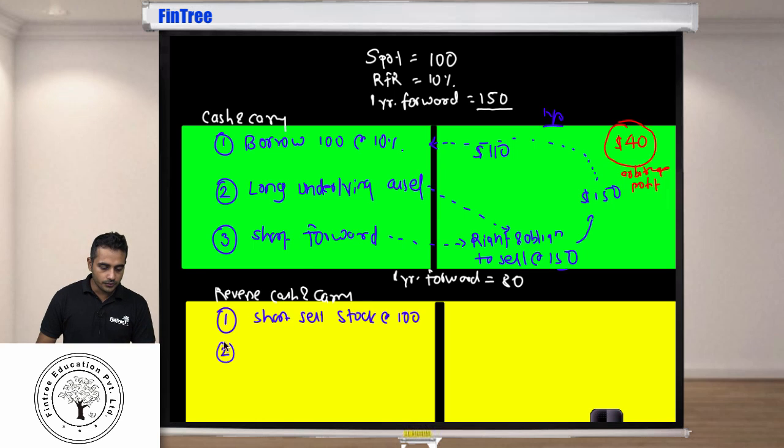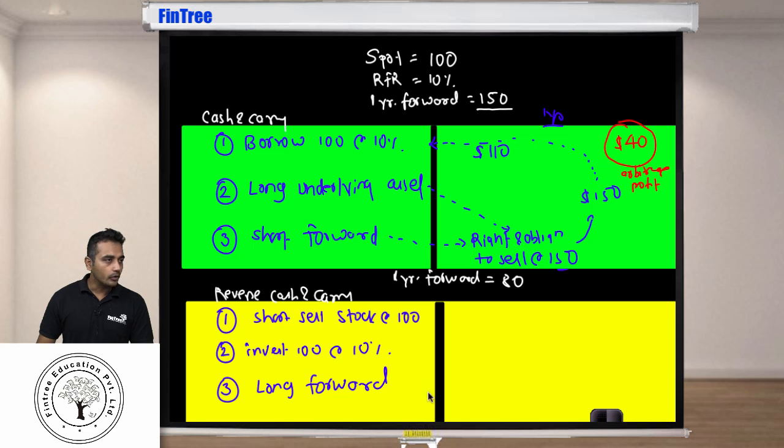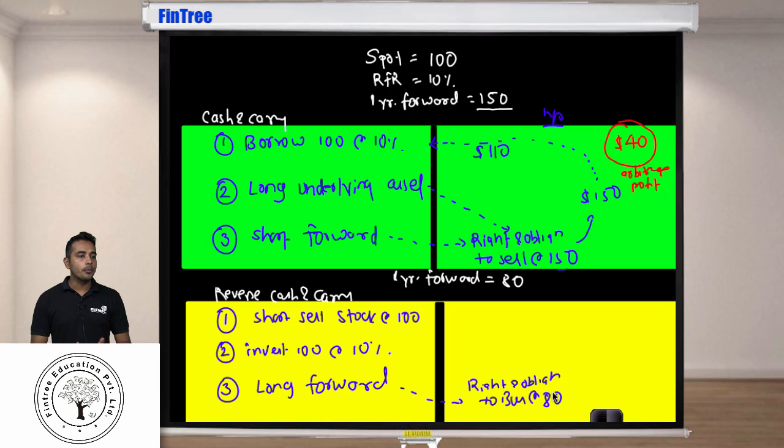So step number 2, invest 100 at the rate of 10%. Step number 3, take a long position on the forward contract. Now this long position on the forward contract will give you the right and obligation to buy at 80, 1 year down the line, no matter what the price in the market is.